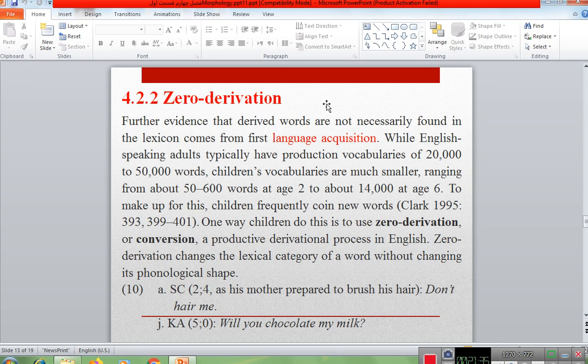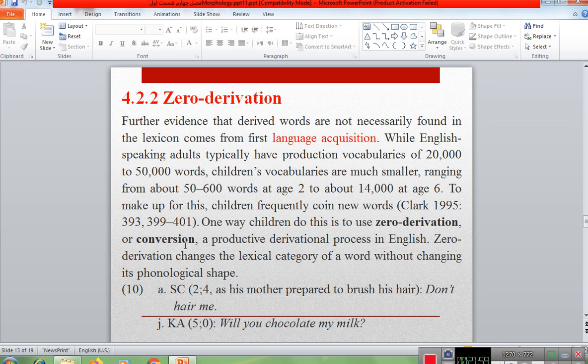To make up for this, children frequently coin new words. One way children do this is to use zero derivation or conversion. We call it conversion, a productive derivational process in English. Zero derivation changes the lexical category of a word without changing its phonological shape.